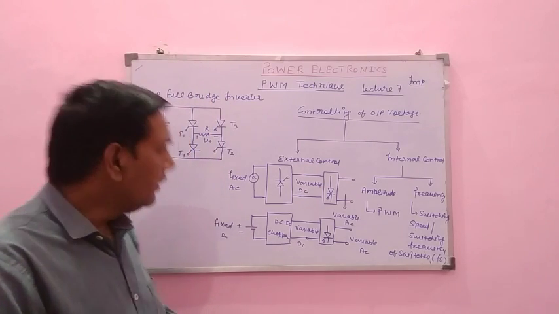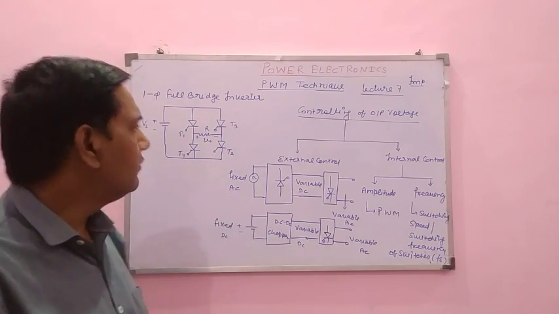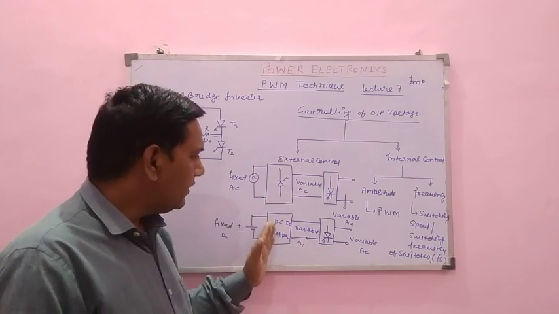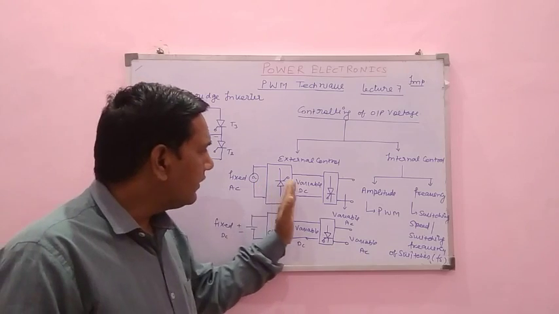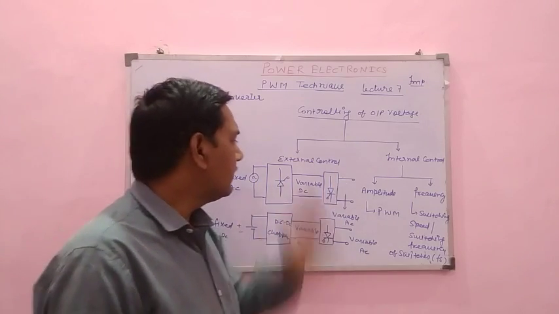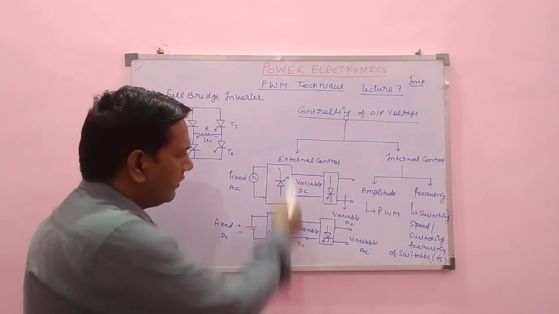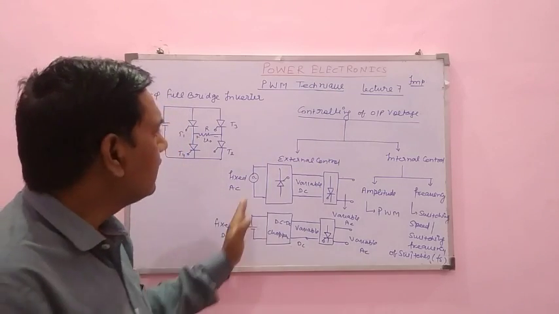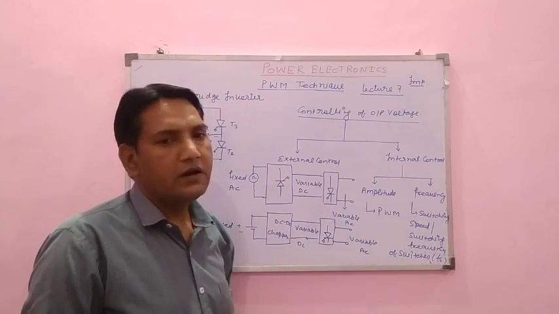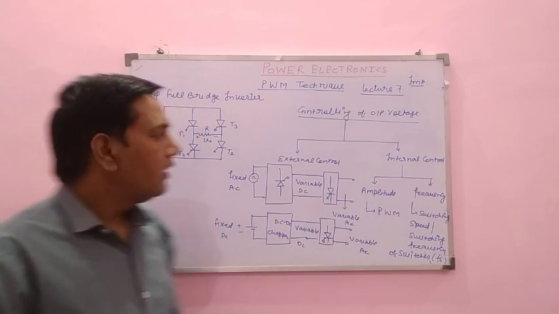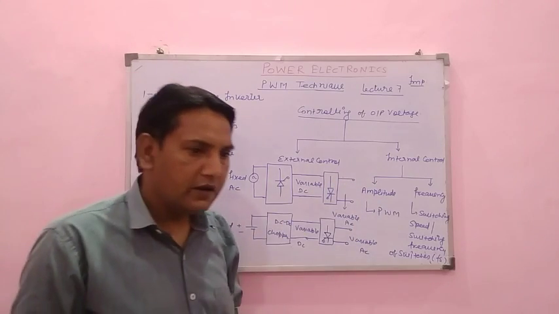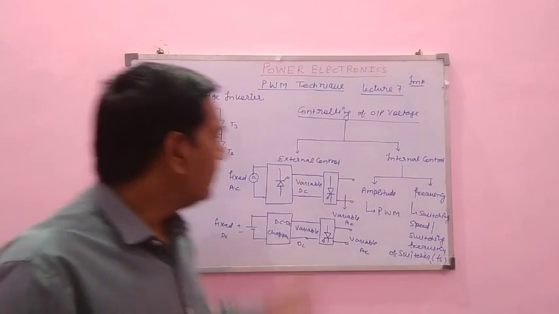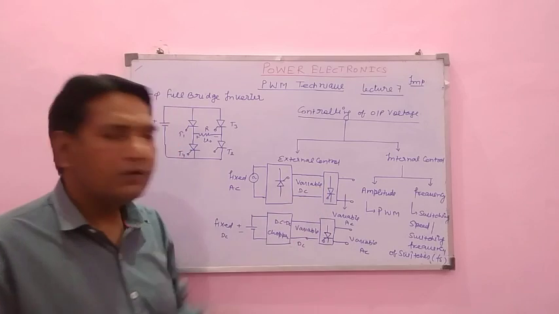But there are some drawbacks of these external circuits, because when we add other stages in the inverter circuit, these are types of converters, and when the converter stages increase, the harmonic content in the output will increase. And when harmonic content increases, the switching losses will increase.